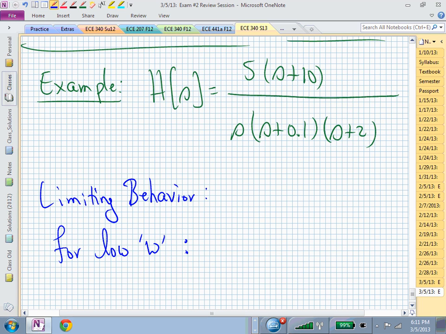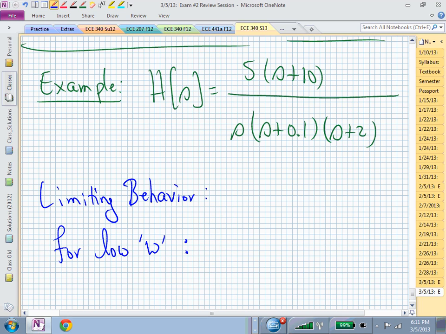Is it going to be constant value? Are we going to be coming in flat from low omega for our magnitude? That's what I'm wanting you to sort of see just by looking at the transfer function.